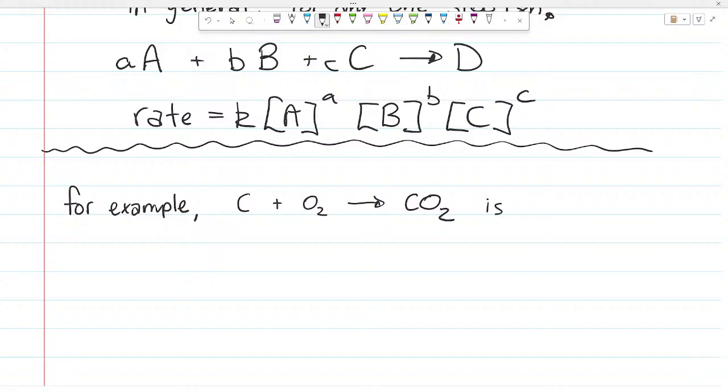This is a one-step reaction. And so then we could write a rate law.